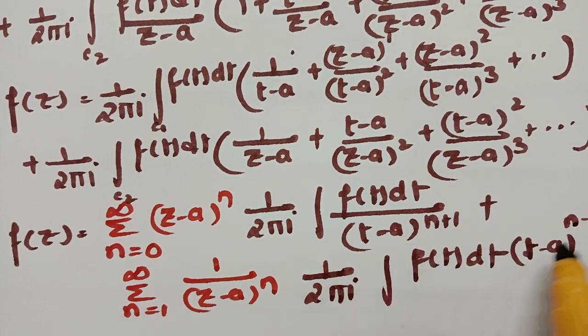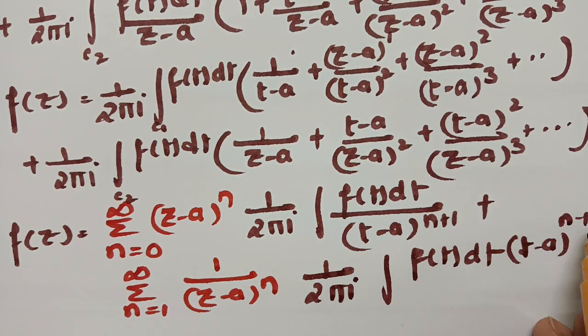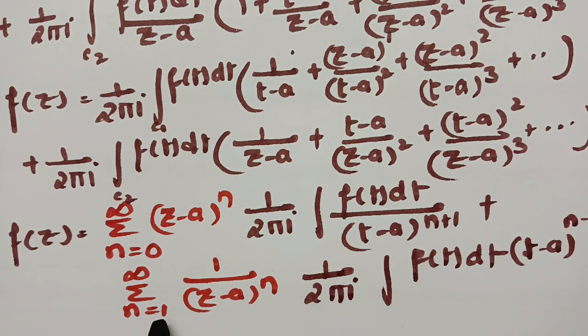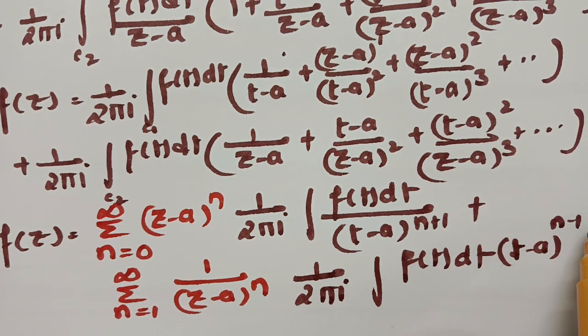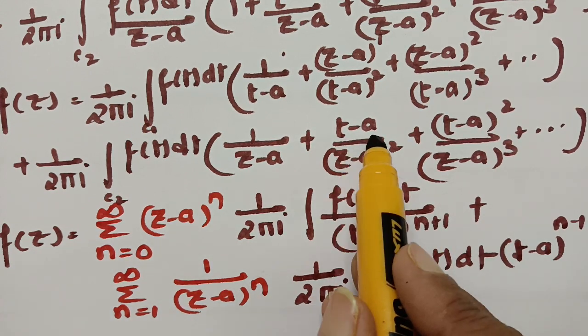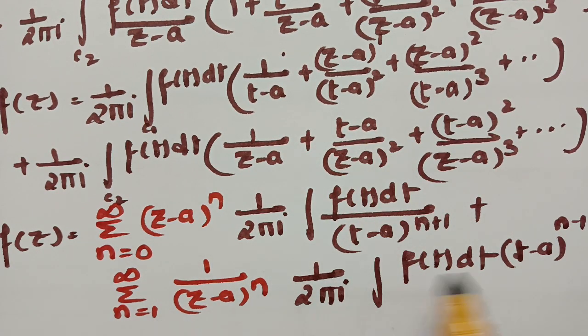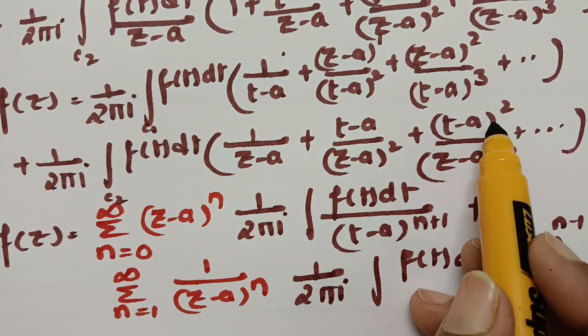If you check, if I keep 1, 1 minus 1 is 0. If I keep 2 here, 2 minus 1, it is power 1, (t minus a) power 1. If I keep 3 here, 3 minus 1, 2.